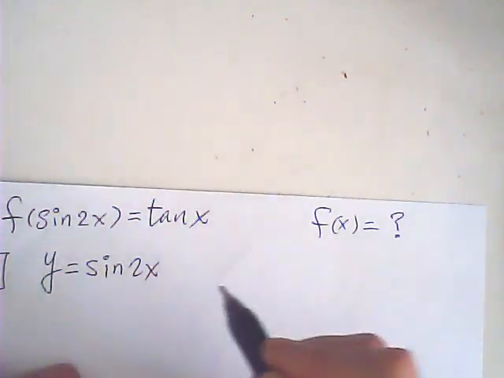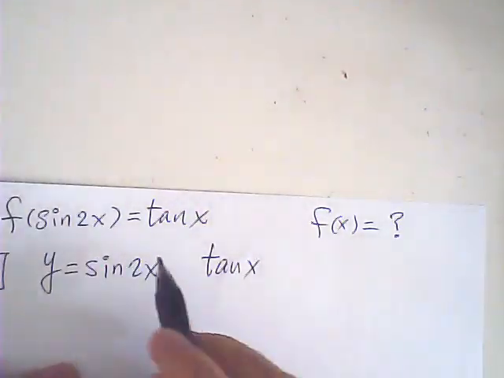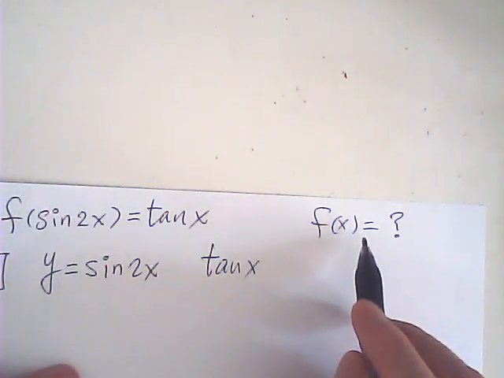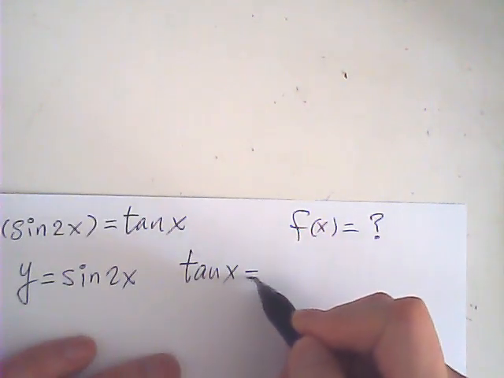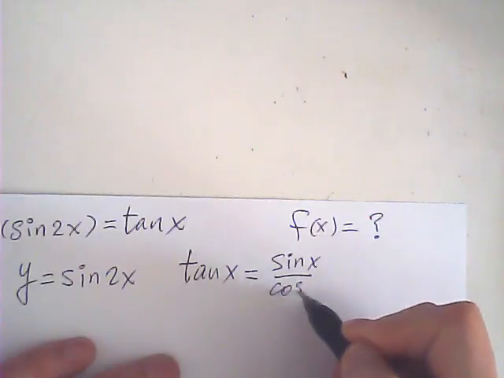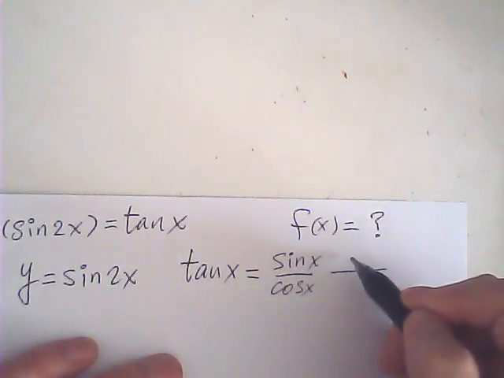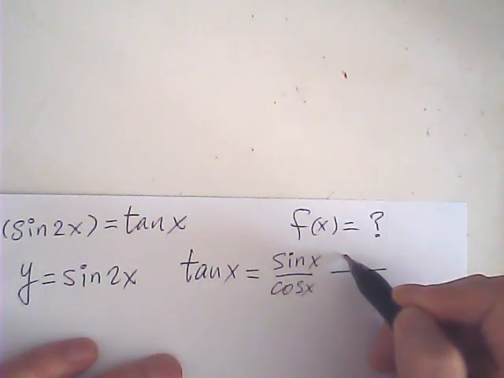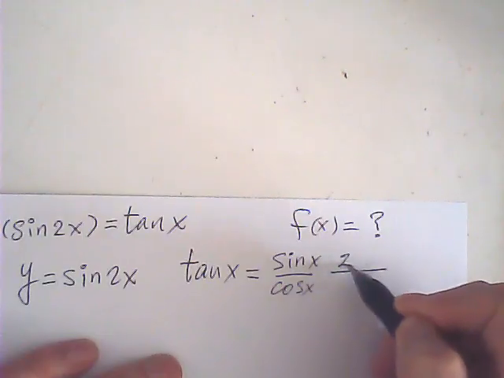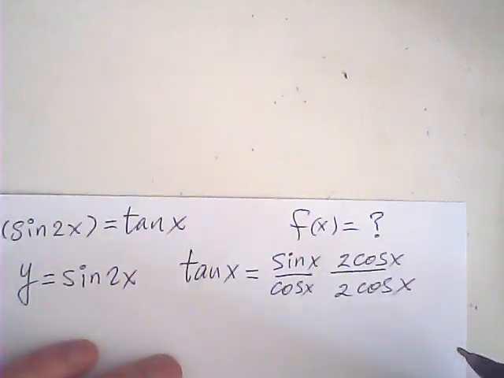Then I try to express tangent x in terms of y, so I find the answer. So tangent x is sine x over cosine x. I multiply both the top and the bottom by 2 cosine x.